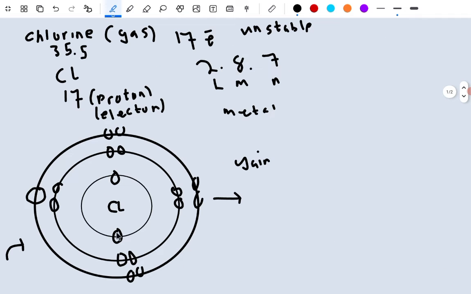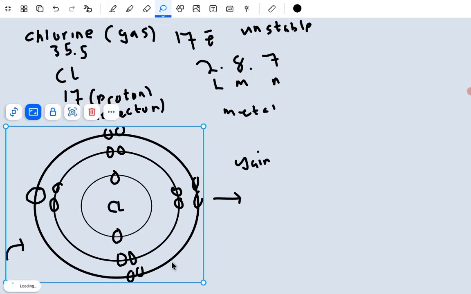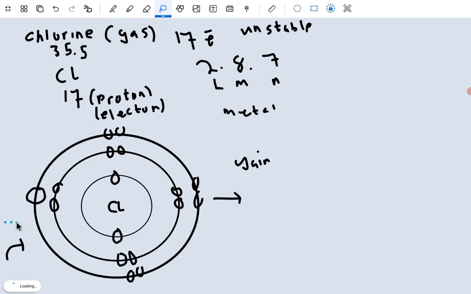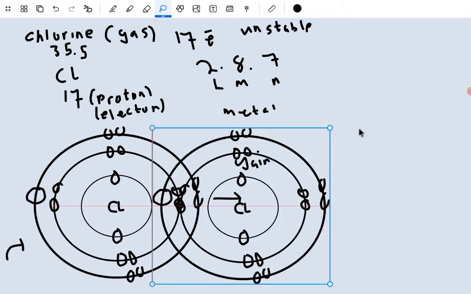So this chlorine now, here's what is going to happen to the chlorine. Let me just duplicate this and take it here.